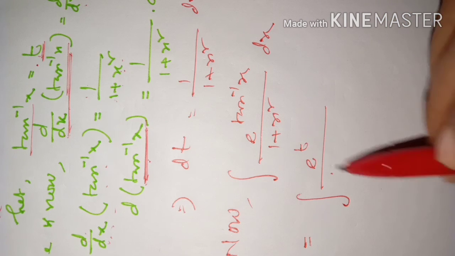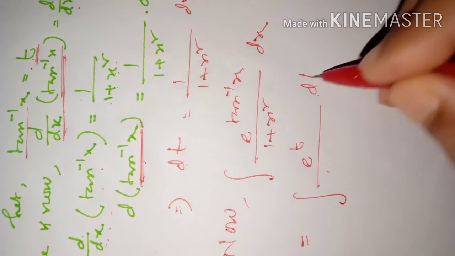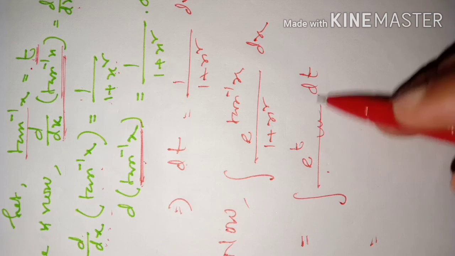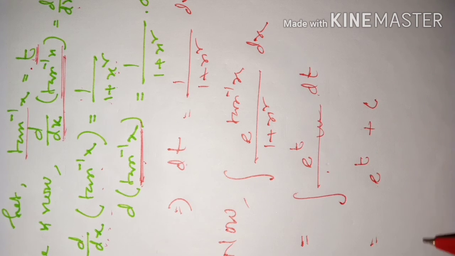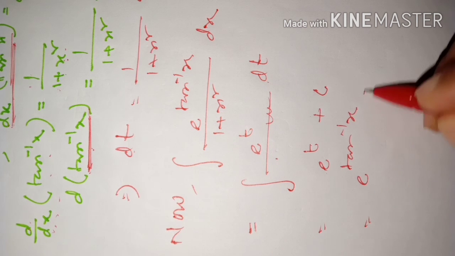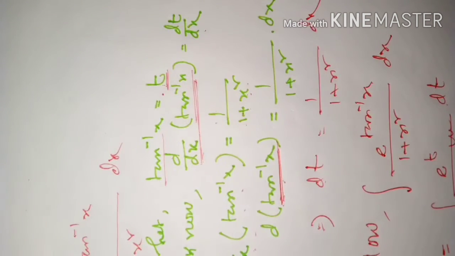That 1 divided by 1 plus x square into dx is actually dt. So we can write here directly dt. So integration of e to the power of t with respect to t is e to the power of t only plus c. So the final thing will be e to the power of tan inverse x plus constant c. This is our answer.